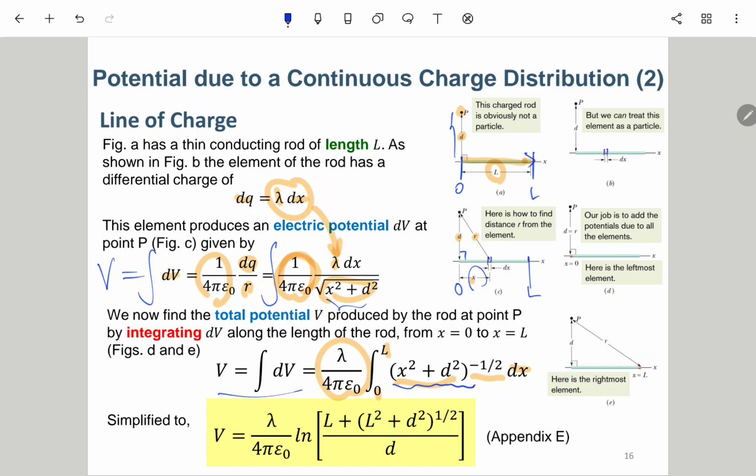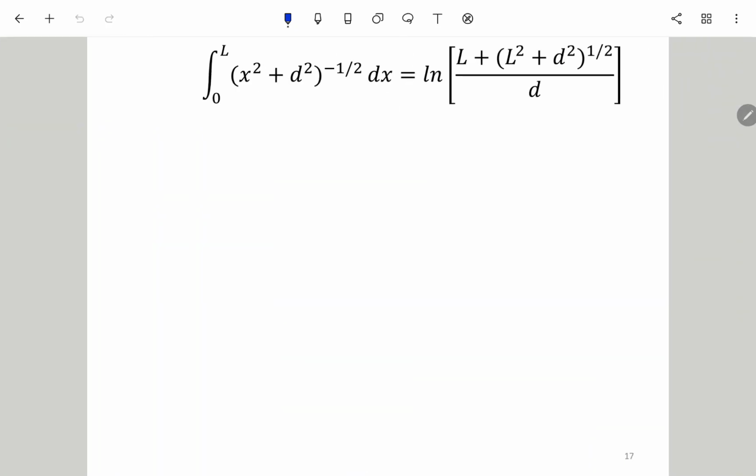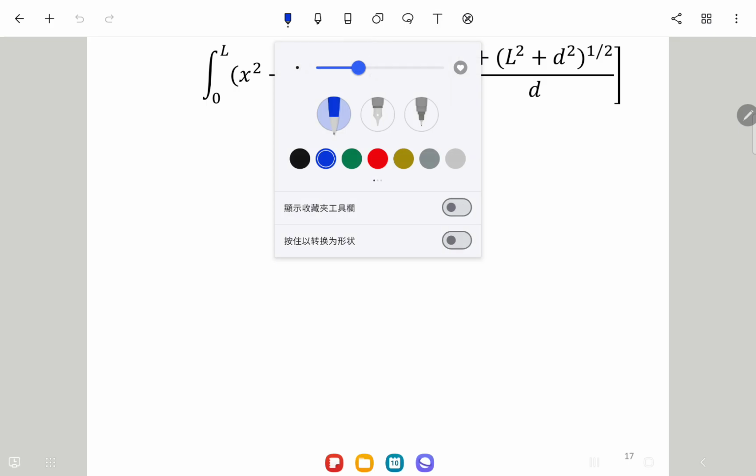Integration, okay, you should have learned it in the calculus class, or you can check it in the appendix for this integration. But just in case you do not know how to integrate this, I can just work it out quickly.